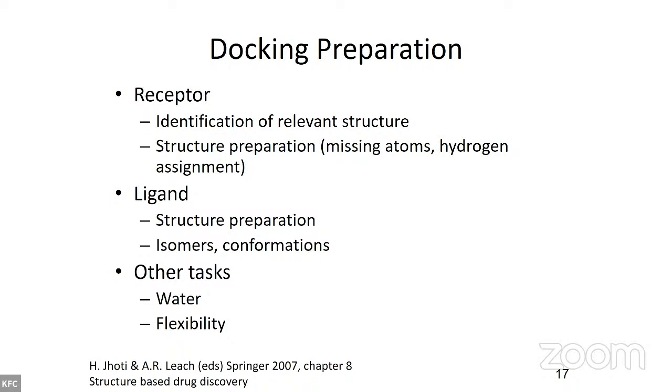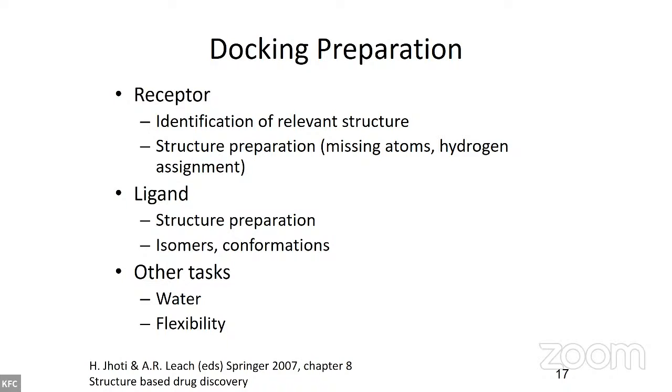But now I have to step a little bit further to speak about how to prepare the docking procedure. Because the docking procedure has to be prepared similarly as the molecular dynamic simulations. There are several parameters that have to be accounted for. And we have to speak first about the receptor, because the receptor itself has to be selected to be representative for what we want to achieve.